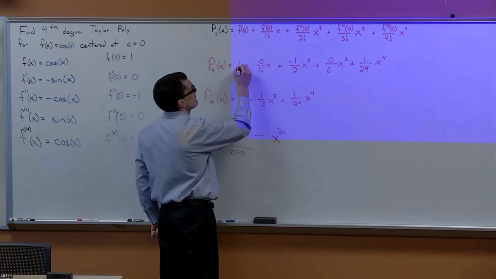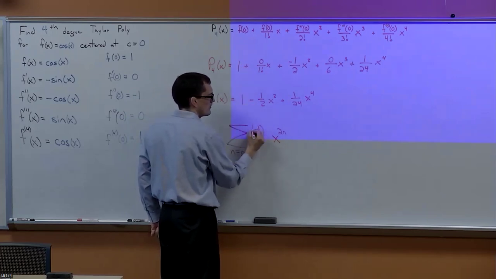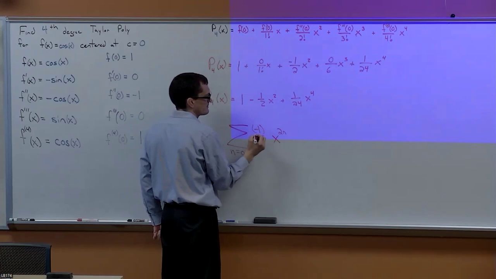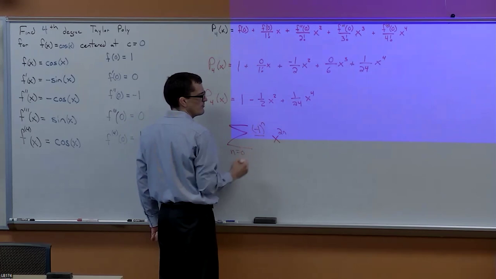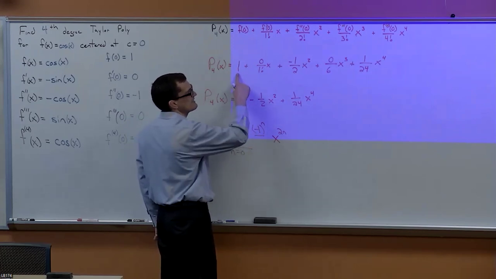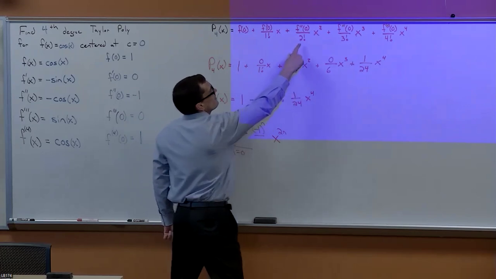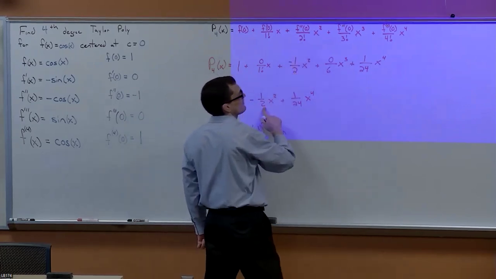It's like 1/1 or whatever. So if they alternate, we're going to have -1 to the nth power. What are the denominators? Well, this denominator came from 2 factorial.